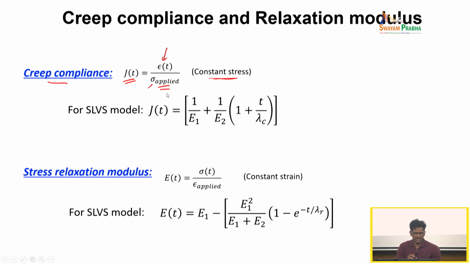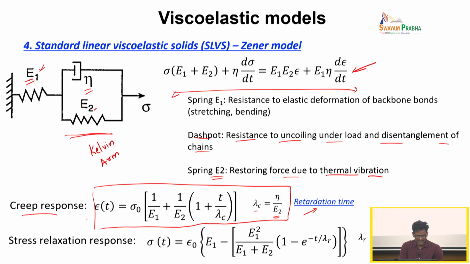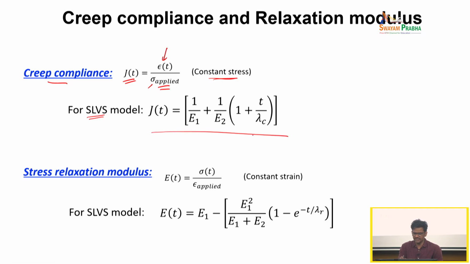In the model that I talked about previously, that SLVS model, the standard linear viscoelastic solid model, in that case you see that we already have a creep response. The creep compliance is nothing but epsilon divided by sigma. So, whatever you have on the right hand side, that is nothing but your compliance, okay. So, this entire thing is a creep compliance, and how do we obtain this?